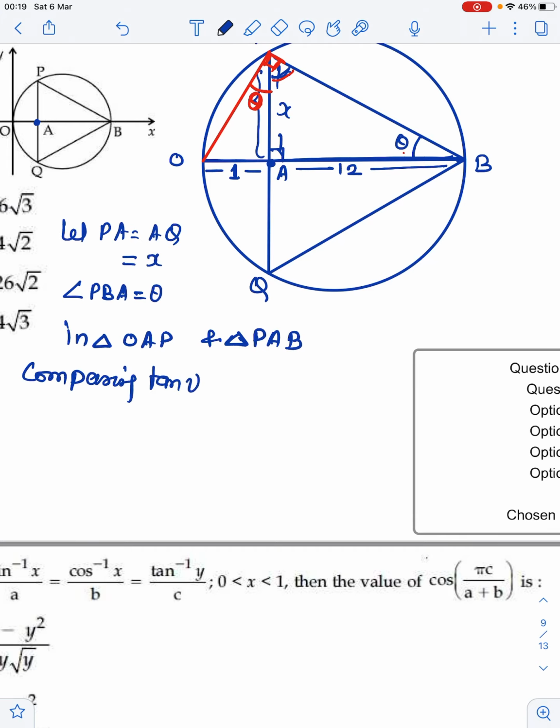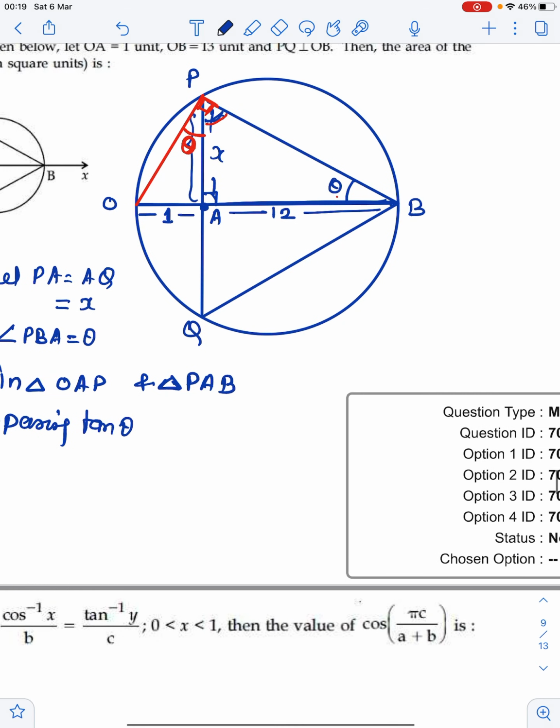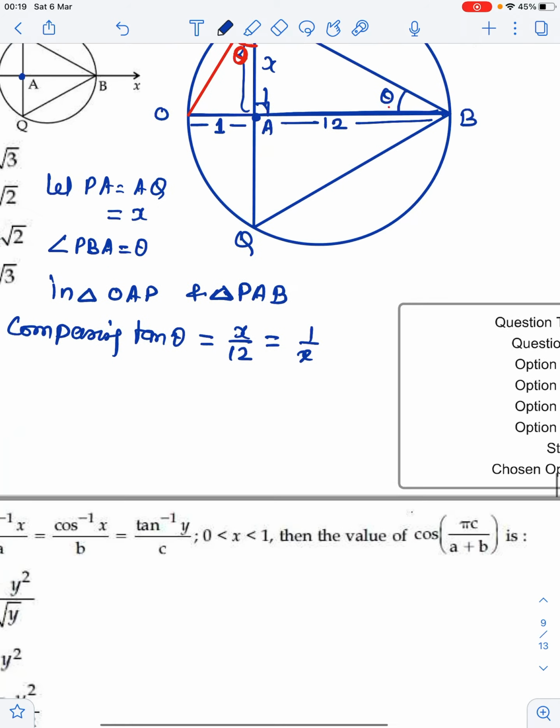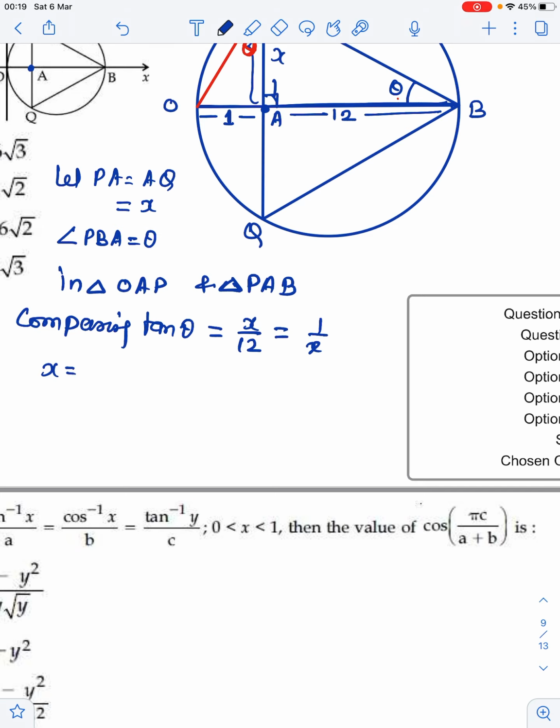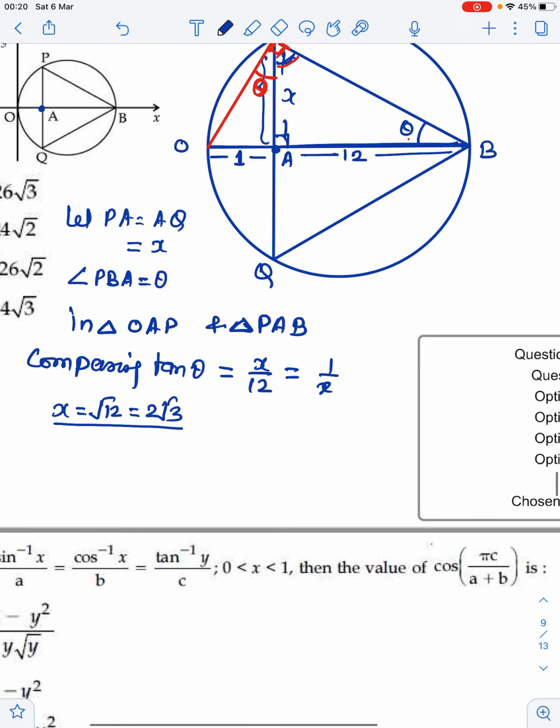tan theta. So tan theta in PAB is equal to x by 12, and in triangle PAO, tan theta is 1 by x. So from here x is root 12, or 2 root 3. Now the things are clear.